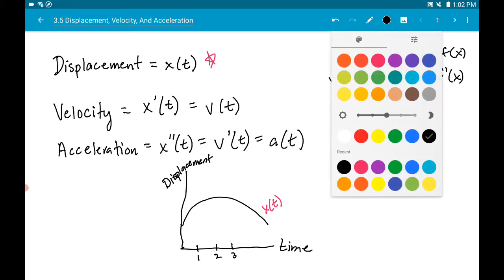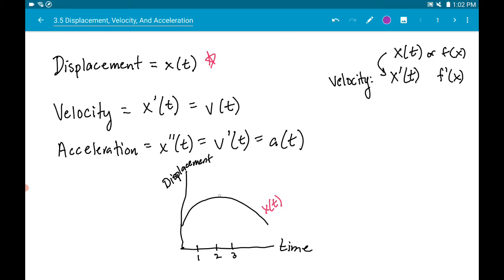If you think about sketching the derivatives, if you think about the slope right here, at that moment the velocity, again the slope, is 0. And that's that moment where that football is no longer going up or down. The velocity is 0.